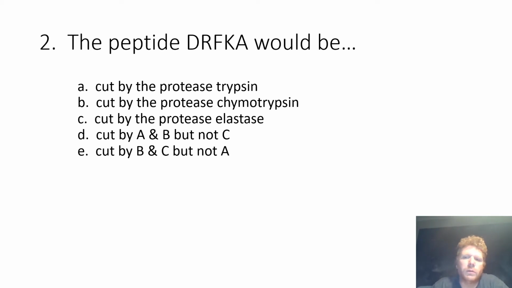So you need to be able to convert that single letter code into the 3-letter code and ultimately into the amino acid sequence itself. At this point in the semester, this should become a little bit second nature. D is aspartic acid, R is arginine, F is phenylalanine, K is lysine, and A is alanine. And this is, of course, read from N termini to C termini. So we are reading it in that direction.